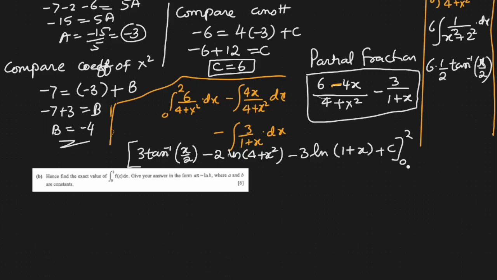And now we'll substitute 2 and 0, and we should get our answer in this format. So I'll substitute 2 first.